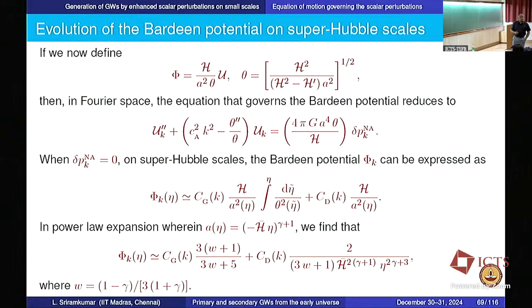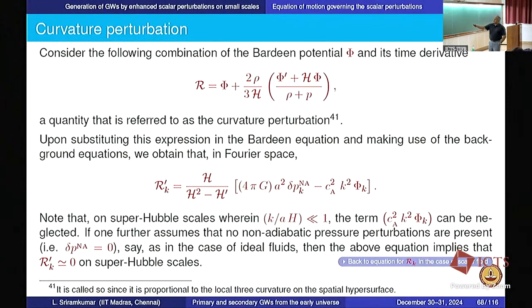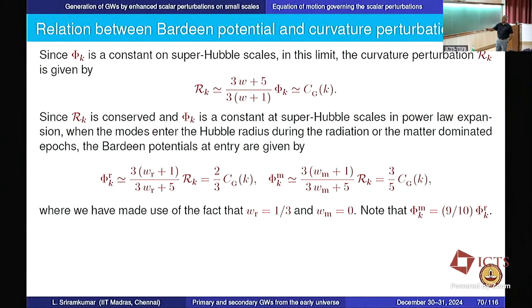Now, this, and the fact that R itself, the curvature perturbation I introduced in the previous slide, is a constant on super Hubble scales, allows us to relate the Bardeen potential at different times. So I had earlier, you remember, R was a combination of this, phi prime is 0, and therefore you can immediately relate the Fourier modes of the curvature perturbation to this quantity Cg.